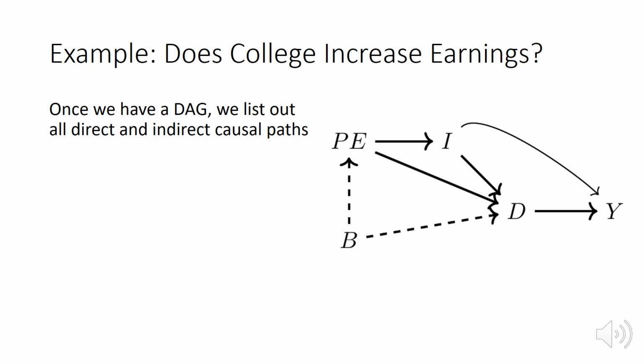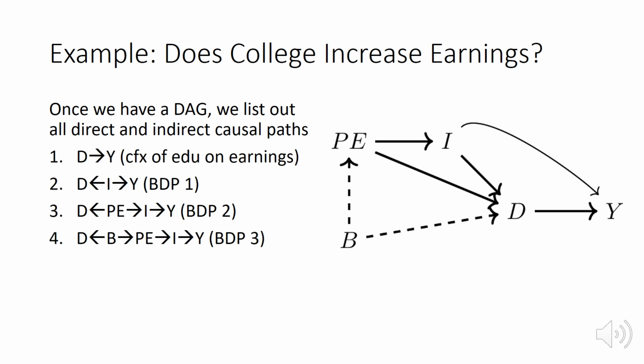We've got, by my count, 4 causal paths. We've got the causal effect of education on earnings, the direct effect, education to earnings. And then we've got 3 backdoor paths. We've got income, which influences both whether or not you're getting an education and your future earnings. Thank you, Chloe.